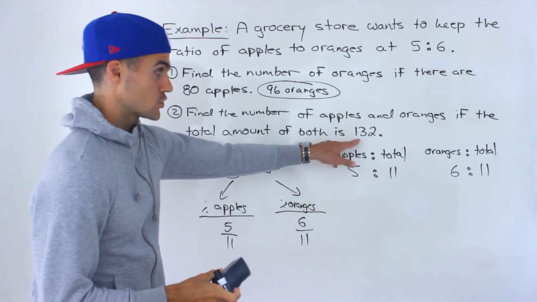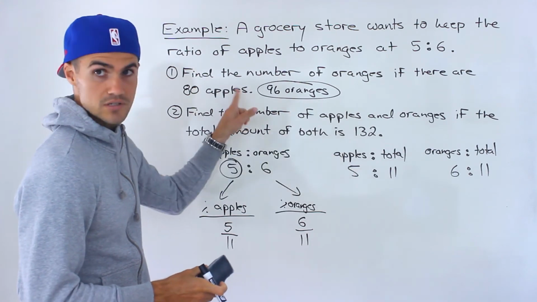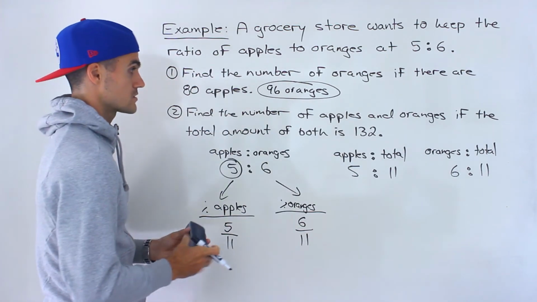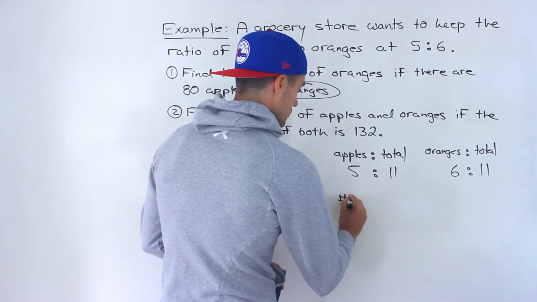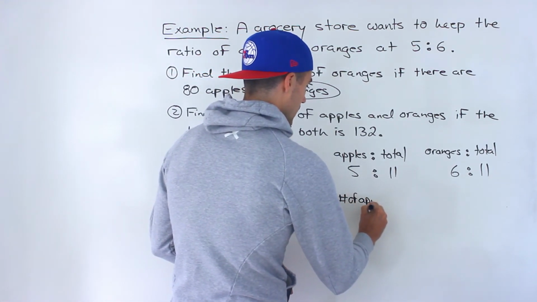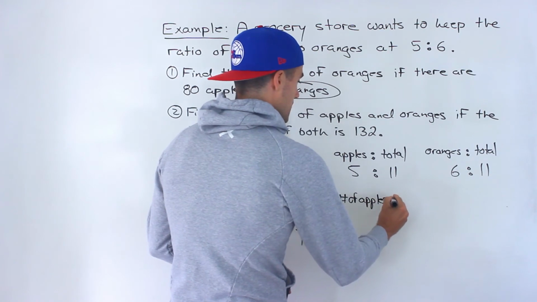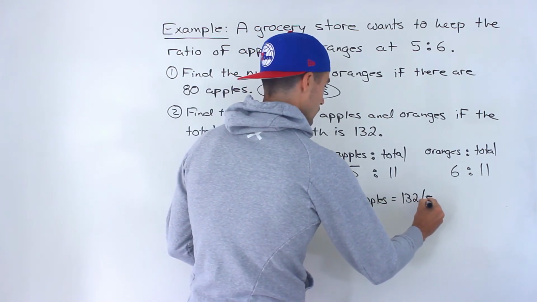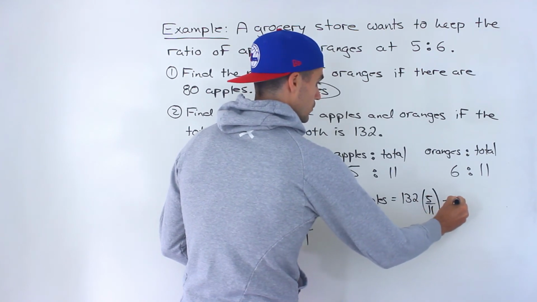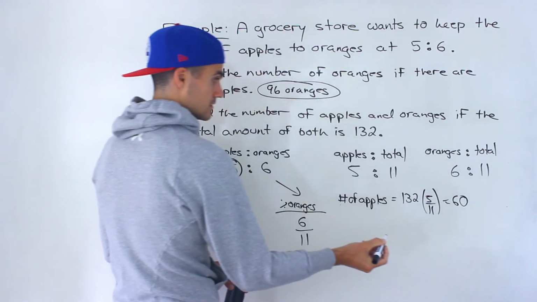Now we're given the total, so we would use the same steps that we did in number one. I'll show you it in two different ways. To find the number of apples, you could take the total, 132, multiplied by 5 over 11, which would give you 60.